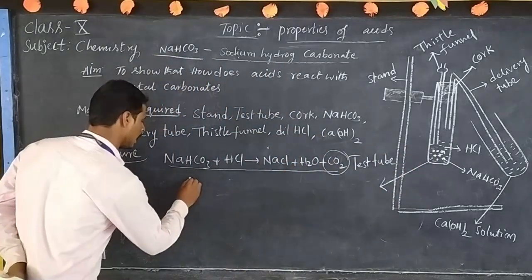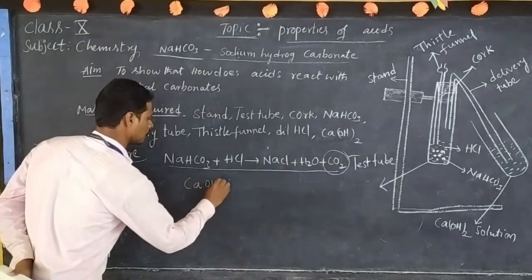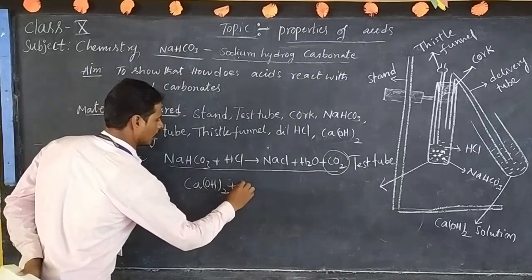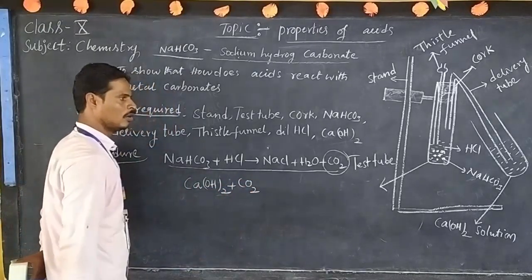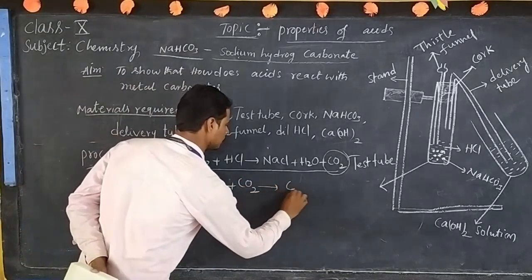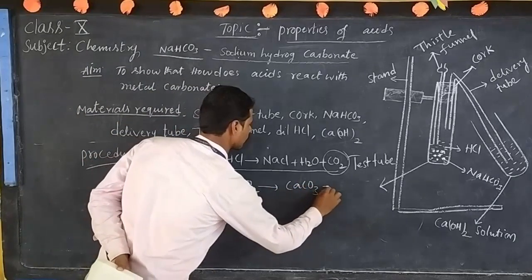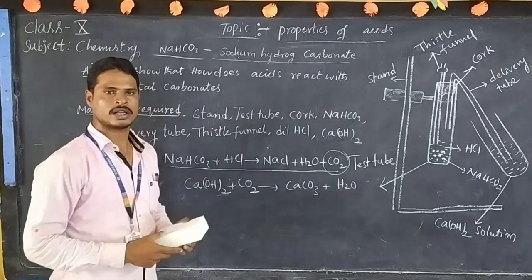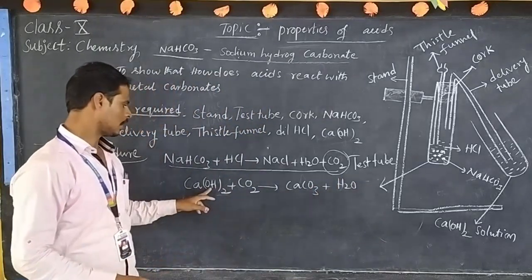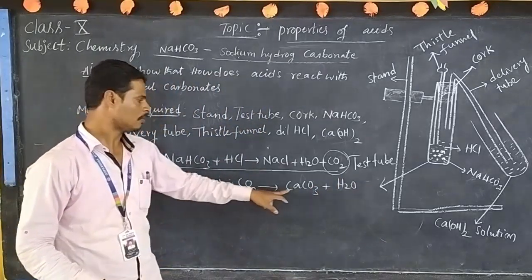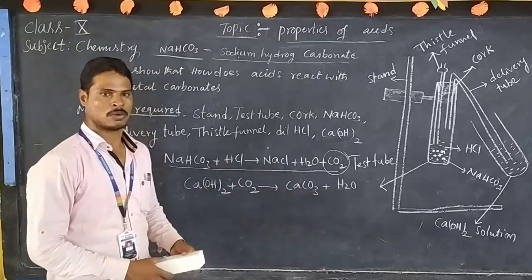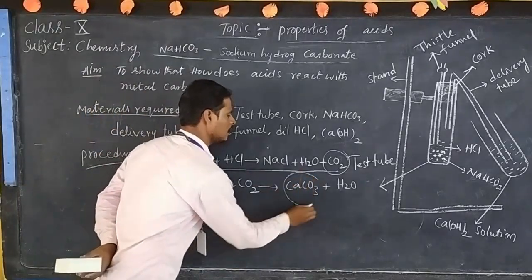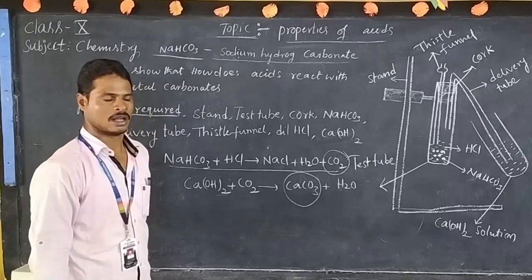Whenever CO2 gas passes through lime water, it turns milky. How does the milky color form? Calcium hydroxide interacts with CO2 gas to form calcium carbonate. This compound has a milky color.